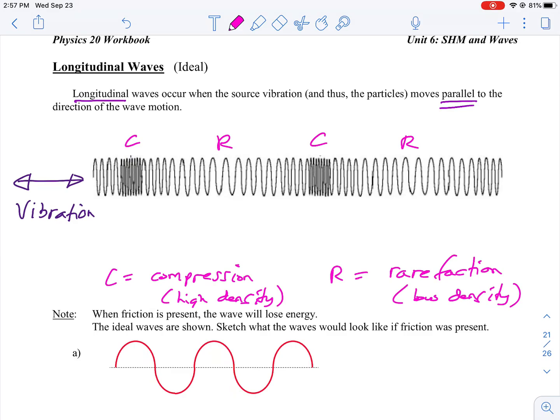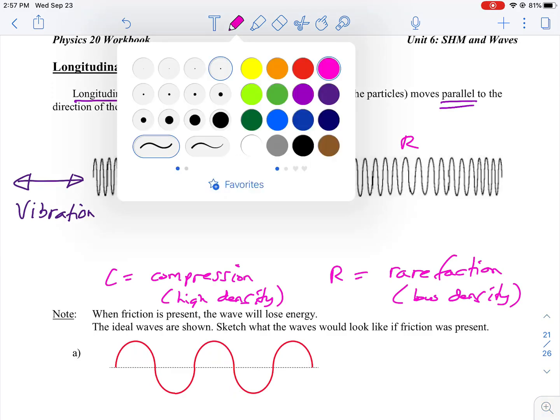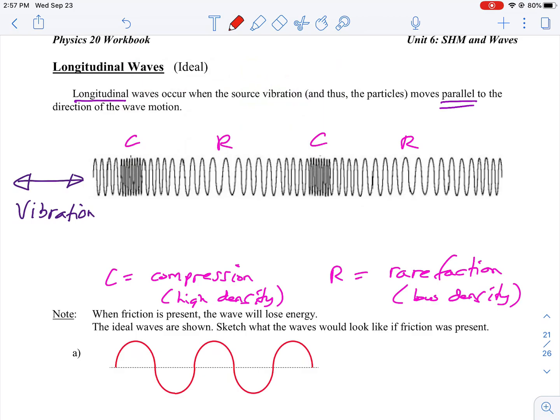And what you have to realize is the particles here are actually still moving parallel to the motion. Any particular particle you choose is moving back and forth like this. That's the particle motion, and the wave is going to the right. So those are parallel to each other, therefore a longitudinal wave.